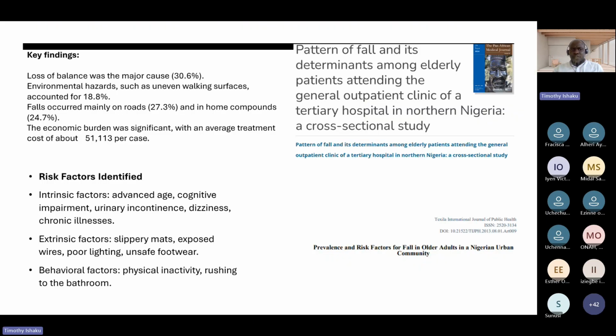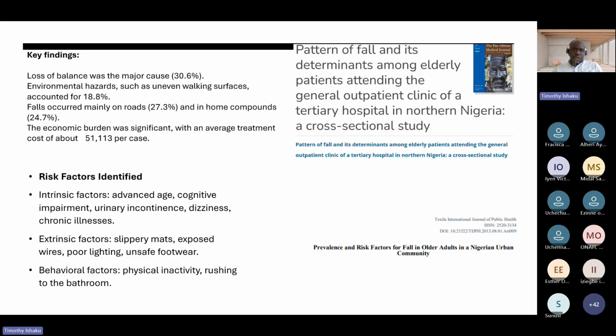There are also a couple of studies, but in Nigeria, it's more about the patterns or the prevalence of those interventions. But the studies that were conducted in older adults are mainly around the same thing we started talking about: loss of balance accounts for 30% of the causes of falls, followed by environmental hazards, and the location at which the falls happened.